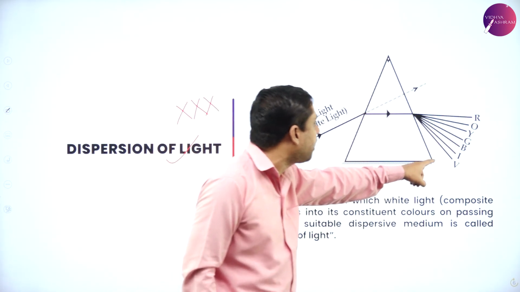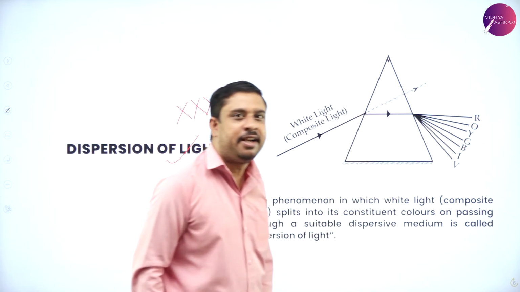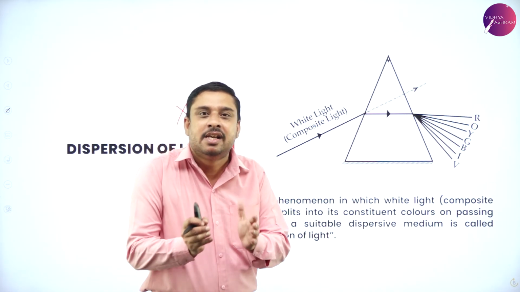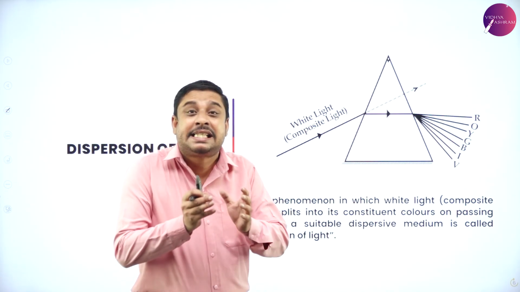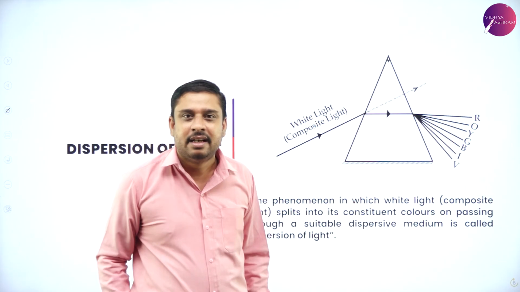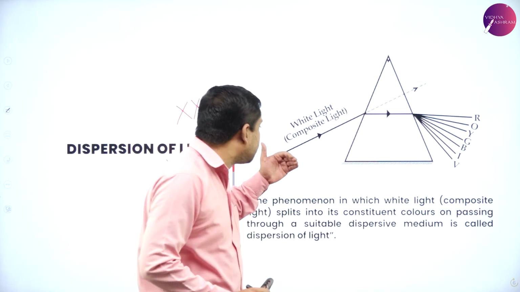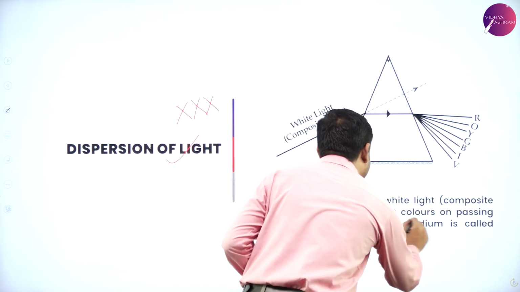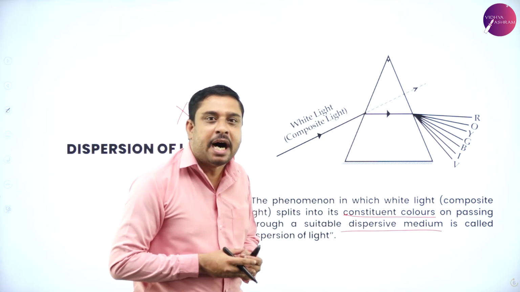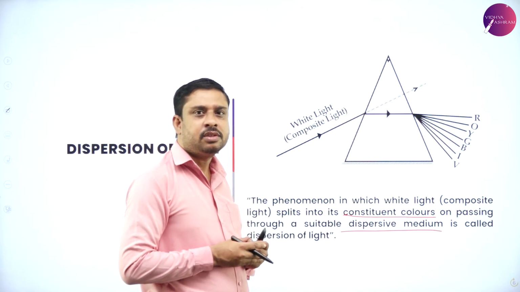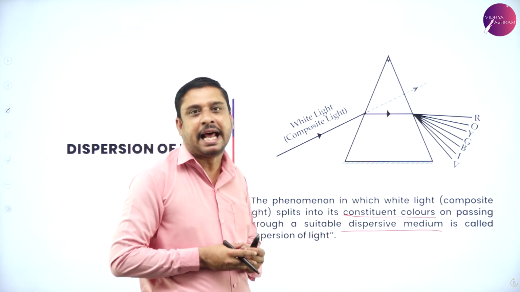You can see violet, indigo, blue, green, yellow, orange, red. That means white light or composite light is getting separated into its constituent colors when passed through a suitable dispersive medium. And this phenomenon is called dispersion of light.